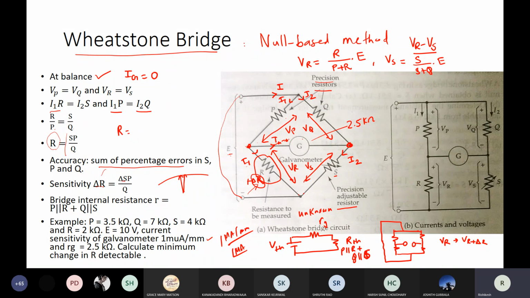For 1 microampere of current flowing through the galvanometer, nothing has changed here. The potential here will remain the same. Since R has changed to R plus delta R, VR will increase, and the potential across this will decrease by the same amount.